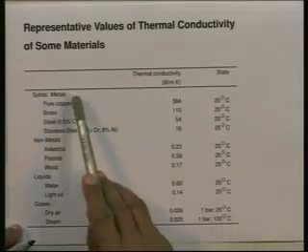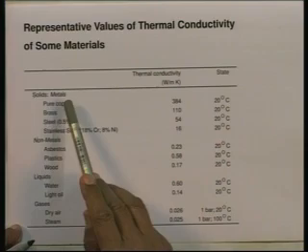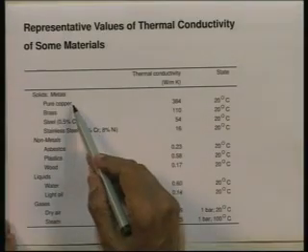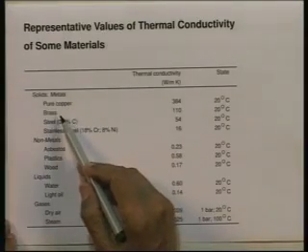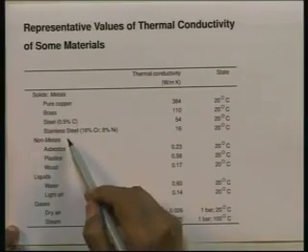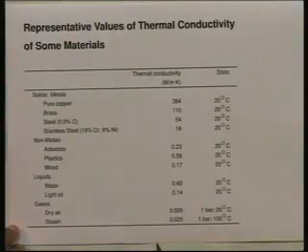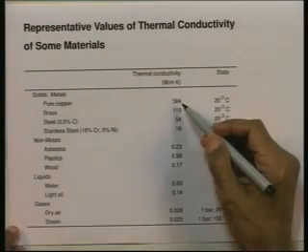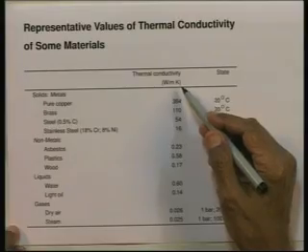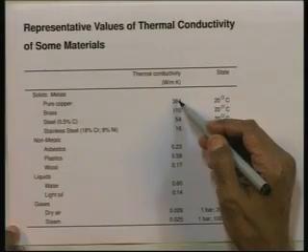In the case of solids, the first 4 values are for metals, starting with a very pure metal like pure copper, then brass, which is an alloy of copper and zinc, then steel, and then stainless steel. Notice that for a very pure metal, pure copper, the value of k is in hundreds in the units we are talking about, watts per meter Kelvin: 380.